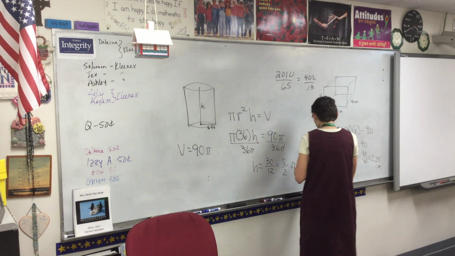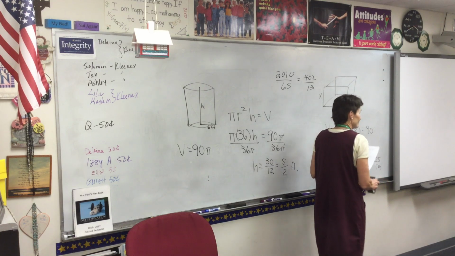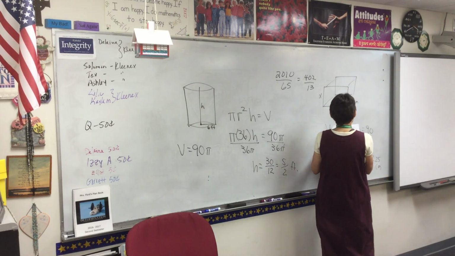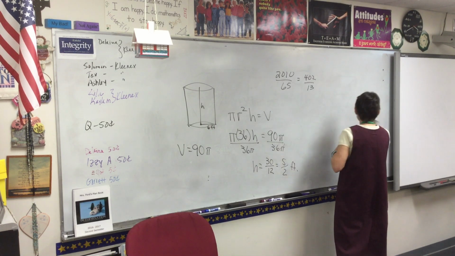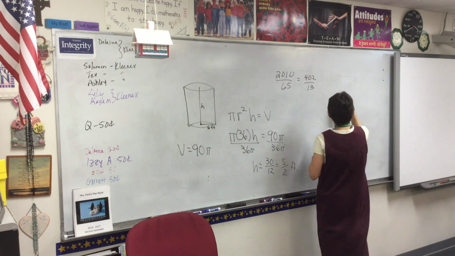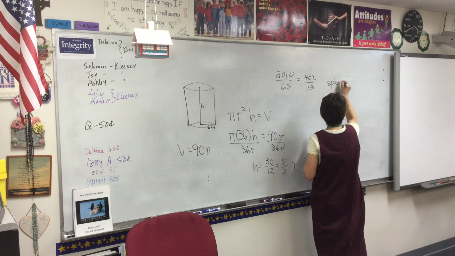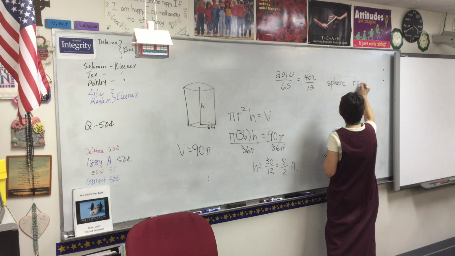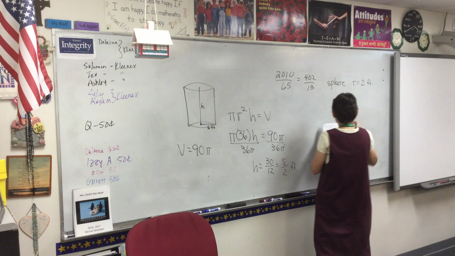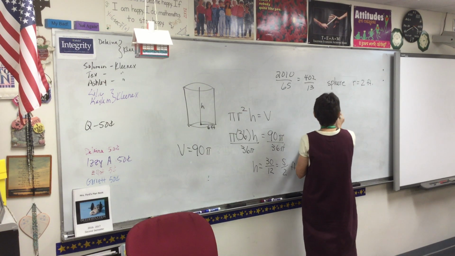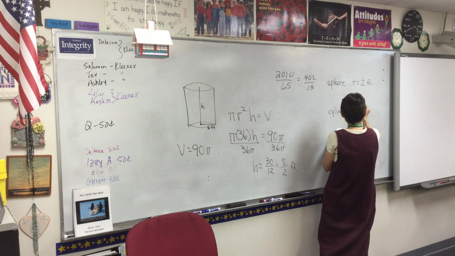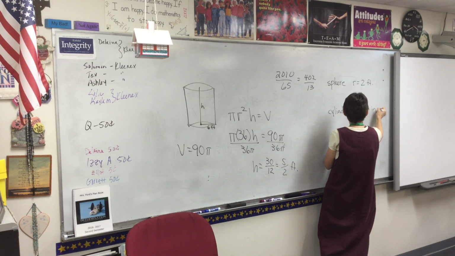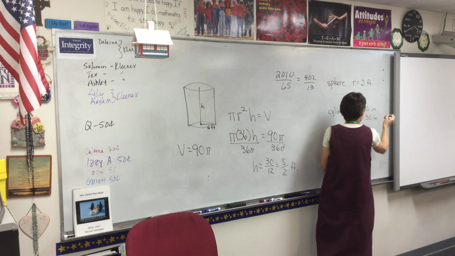Which holds more water: a spherical tank with a radius of 2 feet, or a cylinder with a radius of 20 inches and a height of 30 inches?